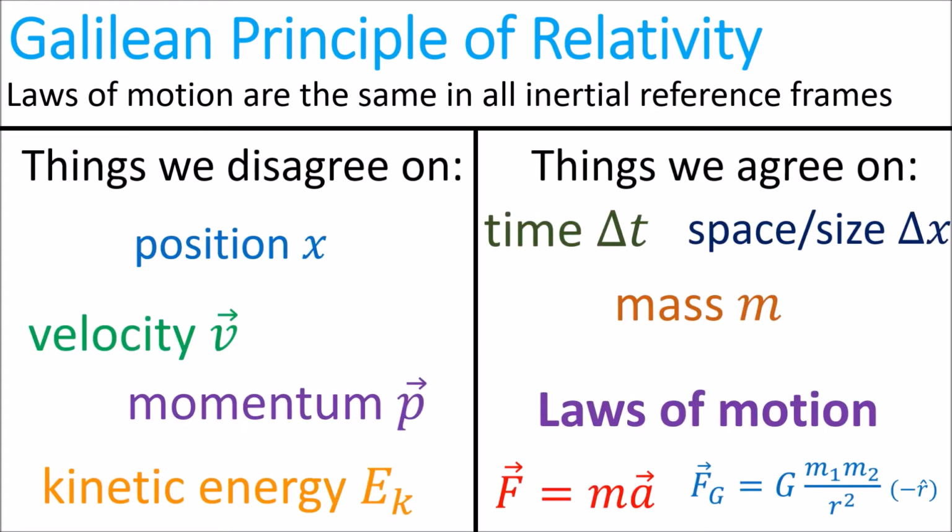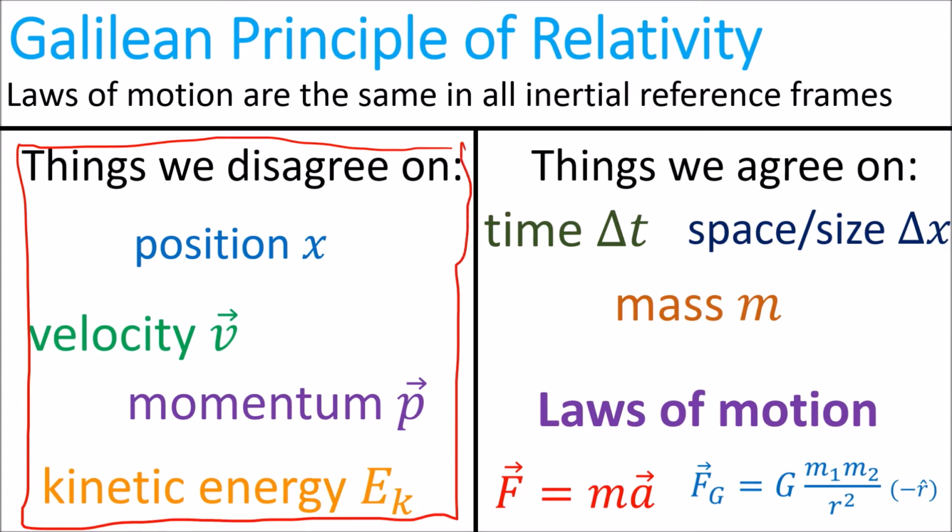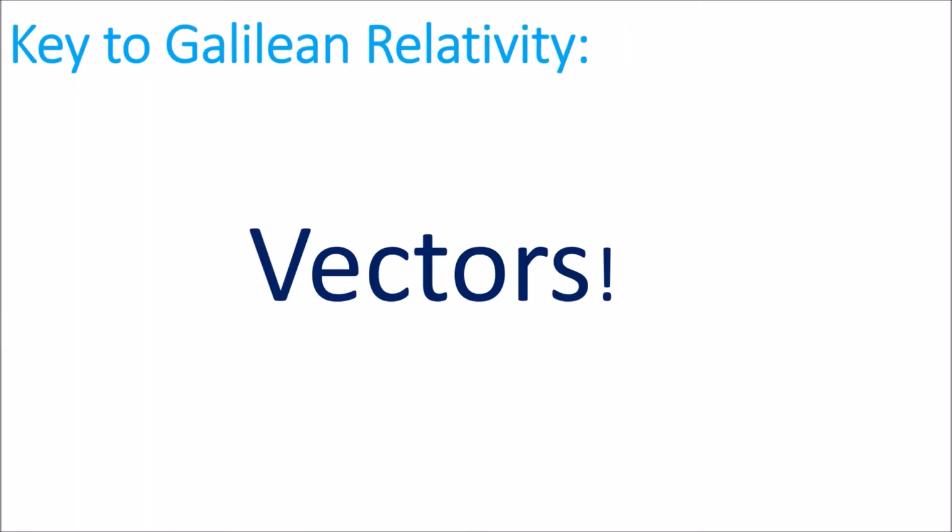Now, there's one central mathematical idea that will help us calculate all these different quantities in different reference frames. And that key mathematical idea is the vector, which for our purposes is basically just an arrow. Vectors can represent all sorts of things in physics, like position, momentum, and velocity, and for that reason we'll be using them all the time in relativity.